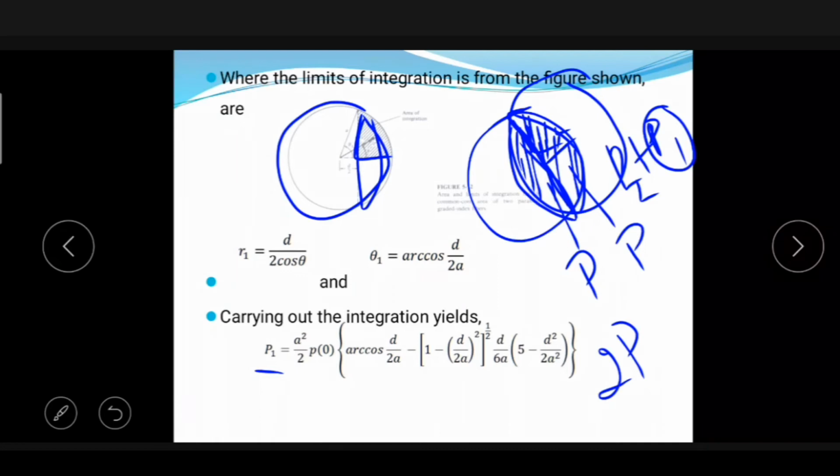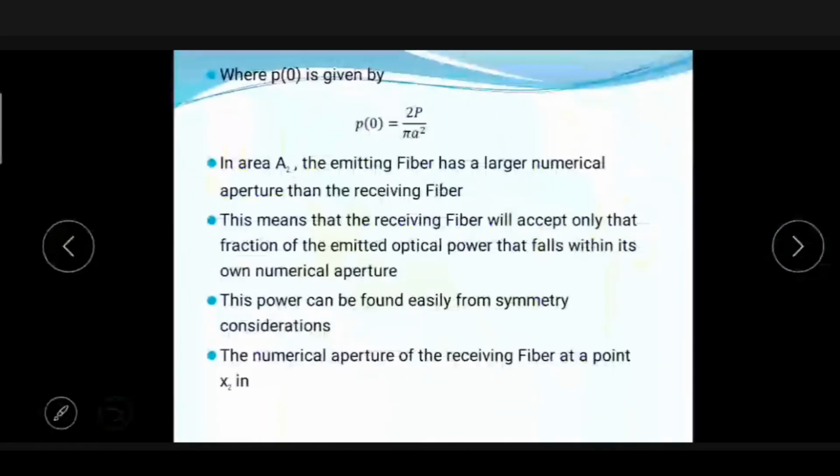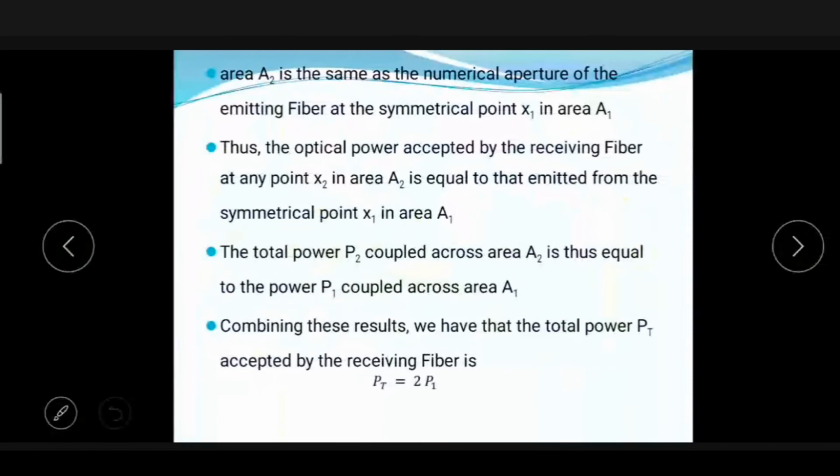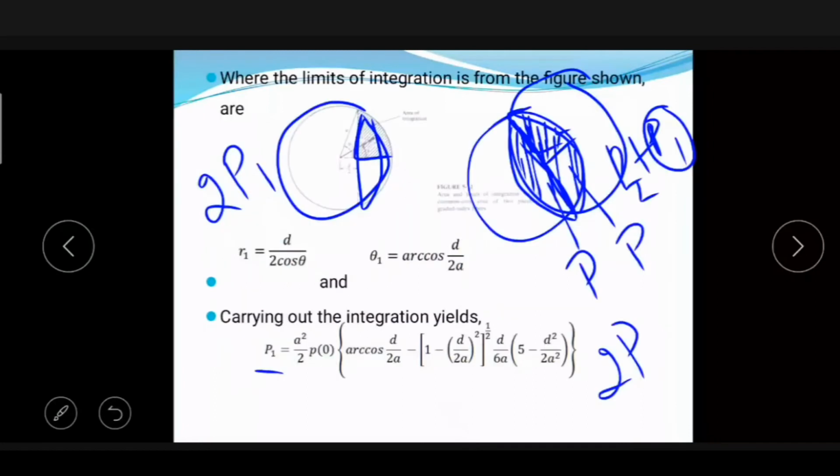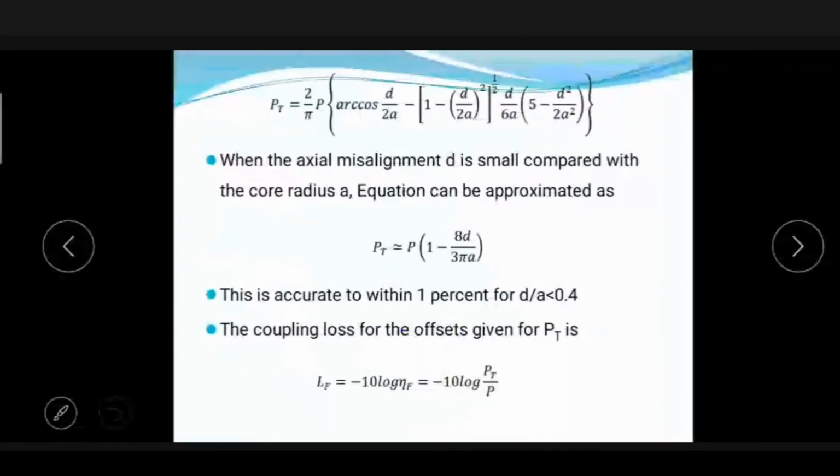So the total power PT will be twice P1, because P1 and P2 are the same. So whatever I get here will be multiplied by 2.